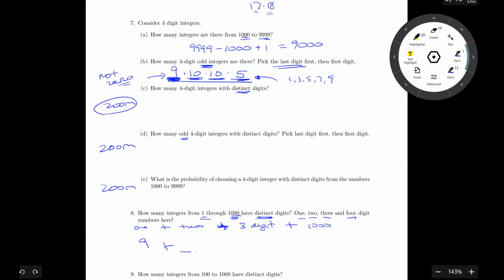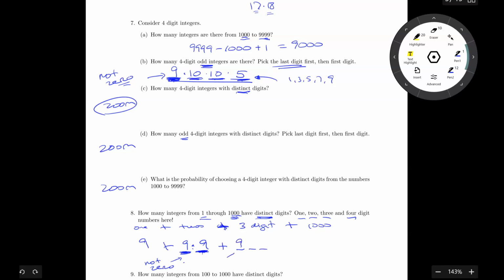Okay, or. So now I've got 2 places, right? So I've got this and this. Okay, so this is where it gets tricky. This is where you have to always think about, okay, I can't have 0 here, right? So I've got only 9 choices for this digit. Okay, so then how many choices will I have left for this digit? Well, whatever I chose here, I can't use here, correct? So I have 9 choices for that digit. All right, moving on to my 3-digit number.